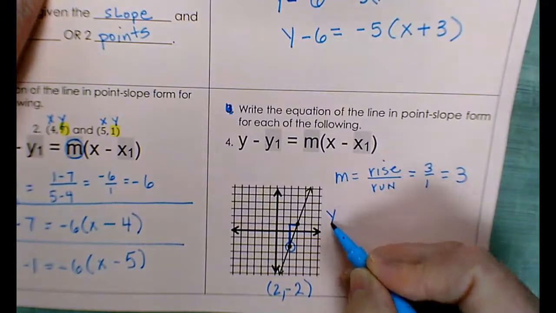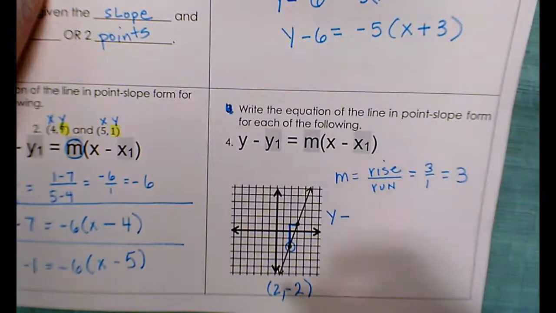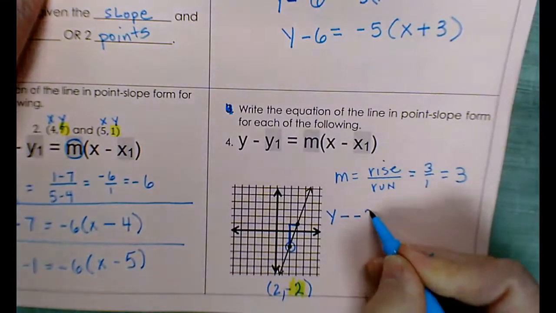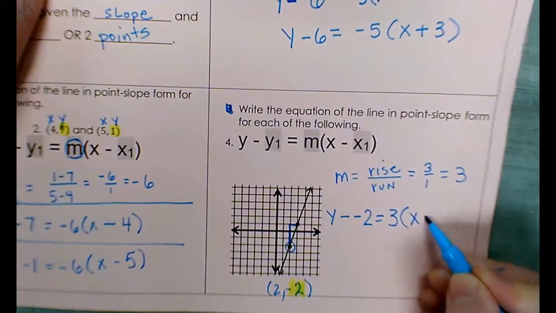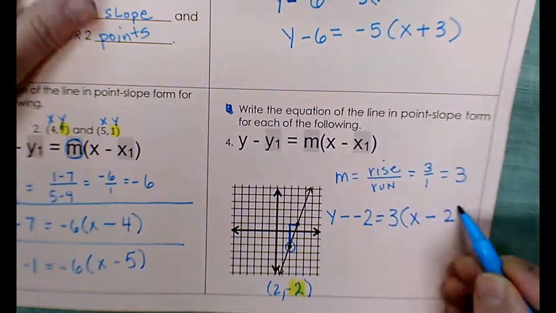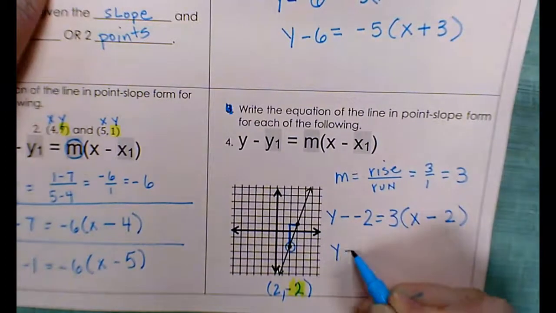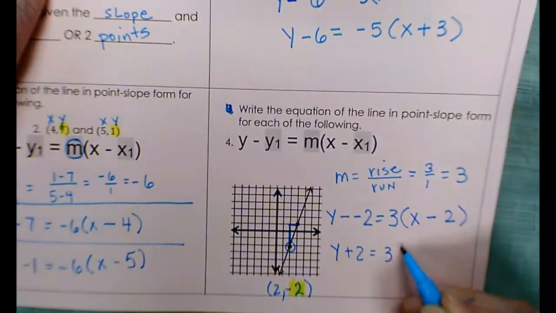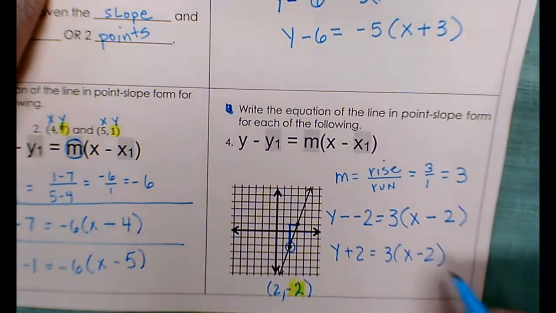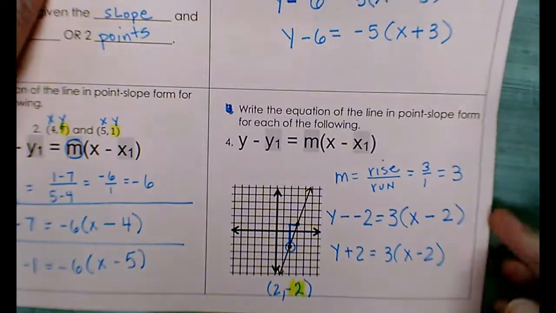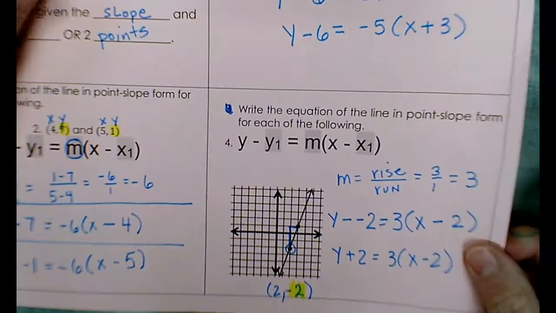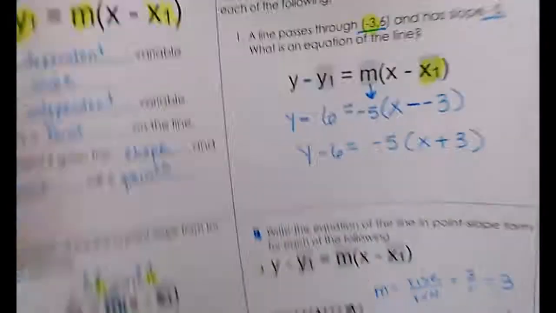So y minus, this number is my y number, equals the slope x minus the x number. Minus a minus is a plus. I could have used the other point. It doesn't matter.